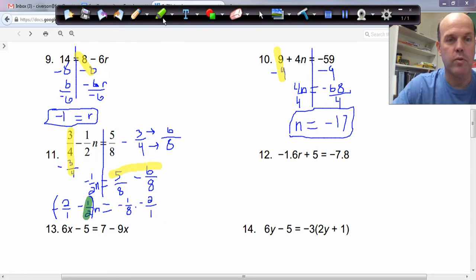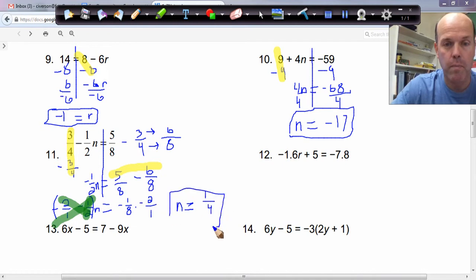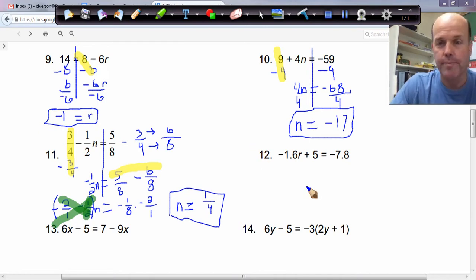And so these cancel out, and I'm left with n is equal to 1/8 negative times -2/1 is going to be a +2/8 or a +1/4. Okay, so I reduced my fractions.